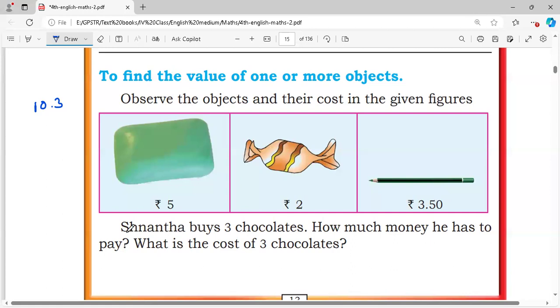Smartna buys 3 chocolates. How much money does he have to pay? What is the cost of 3 chocolates? 2 rupees each. 3 chocolates rate is 6 rupees.